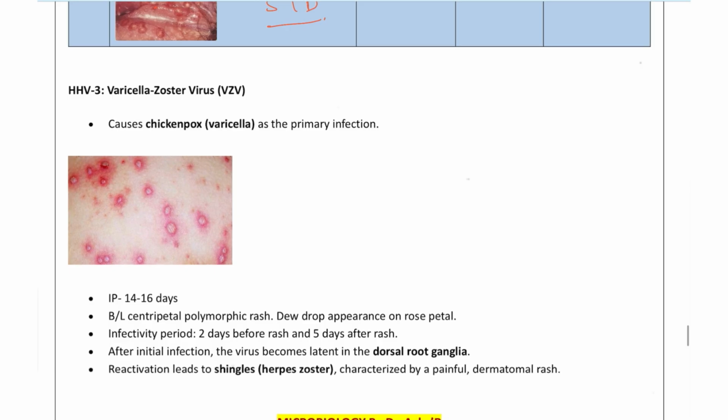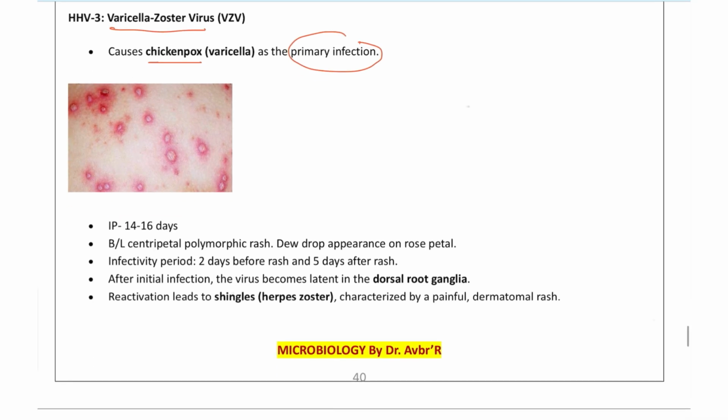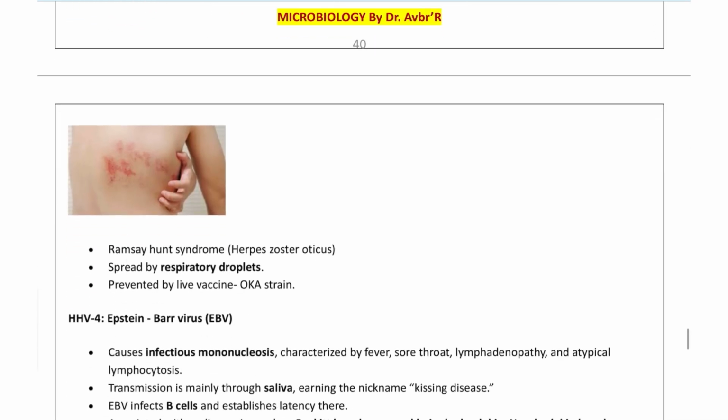Next, varicella zoster. It is going to cause the chickenpox in the children, and you are going to see the multiple, polymorphic rash at a time, with dew drop appearance like a rose petal. After the initial infection, the virus becomes latent and is present in the dorsal root ganglia. Reactivation can lead to shingles or herpes zoster.